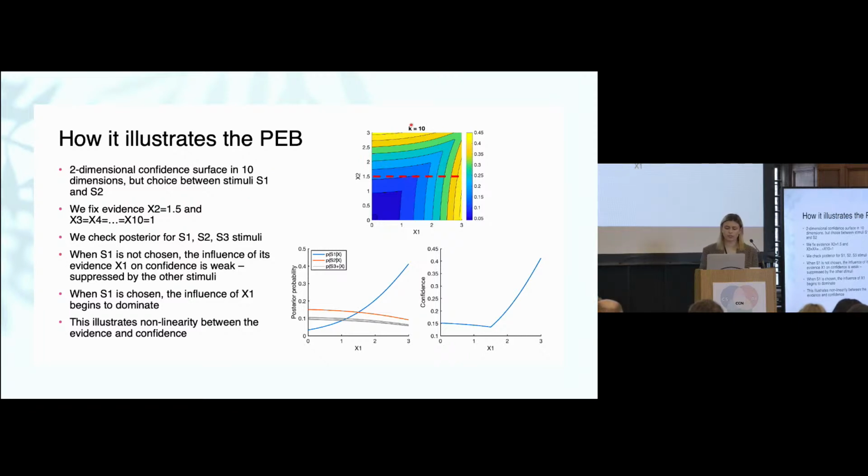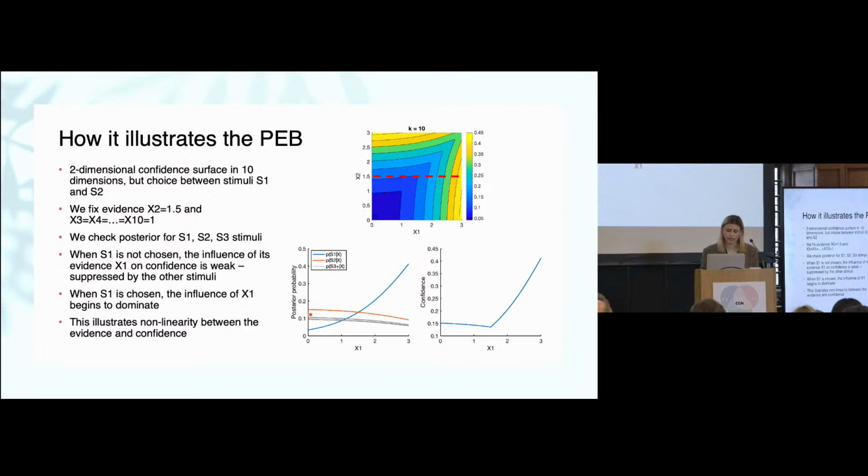Let's assume that we are in 10-dimensional space, but we're choosing between x1 and x2. We can fix all the 8 non-evaluated options at a relatively low level, let's say 1 plus minus epsilon, and we fix x2, the available option, at 1.5. Then we can see how the posterior and confidence change based on the amount of evidence for x1.